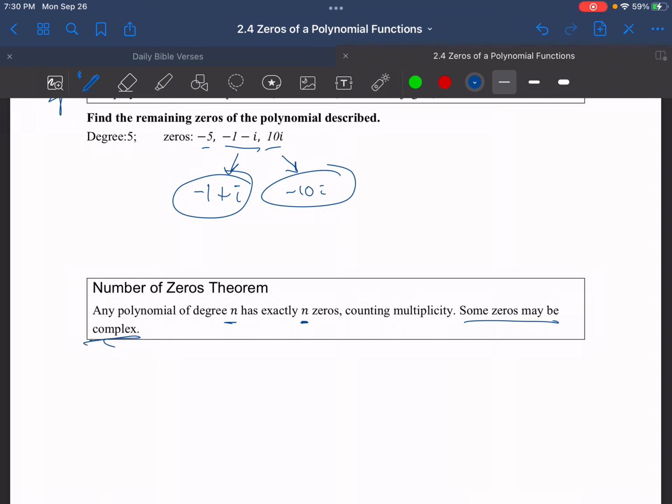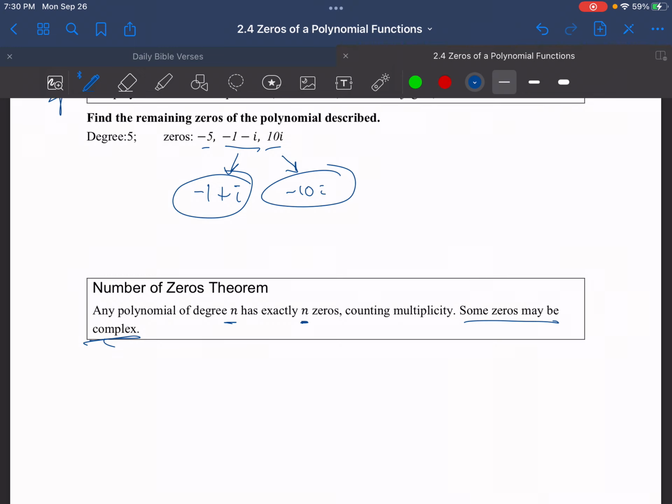So up until this point, we were finding zeros, but we didn't always find however many there were, because some of them were not real answers. Well, now we're going to include the complex answers, and we're going to include the multiplicity. And so we know exactly how many zeros we should get just by looking at the degree of the polynomial.